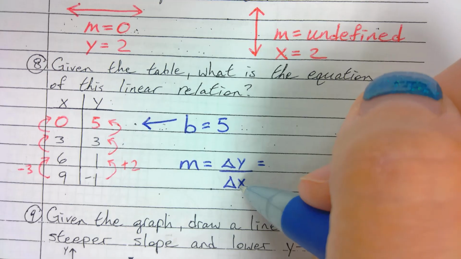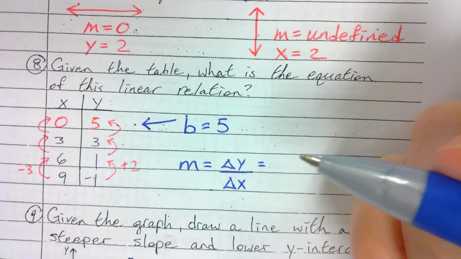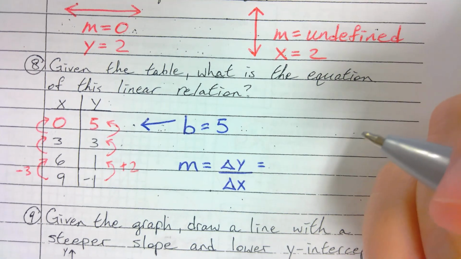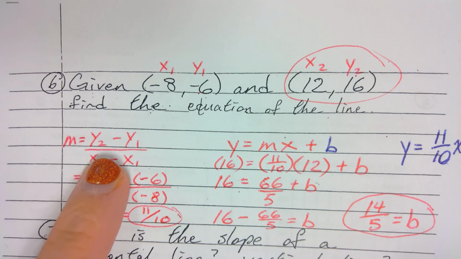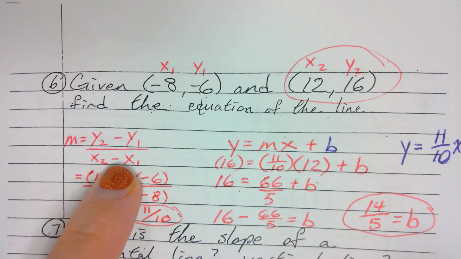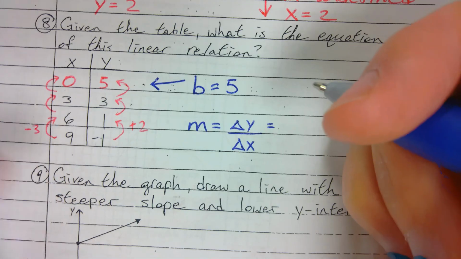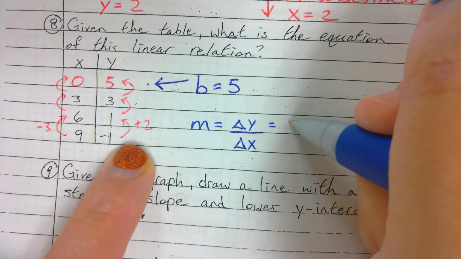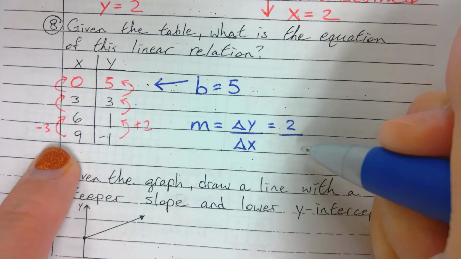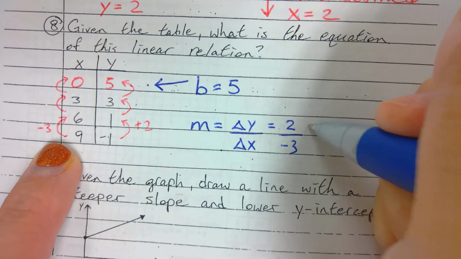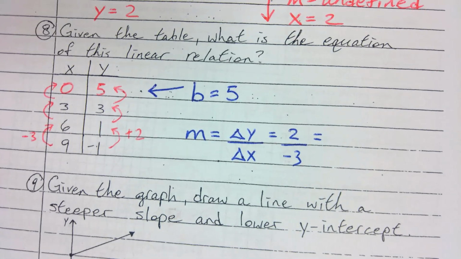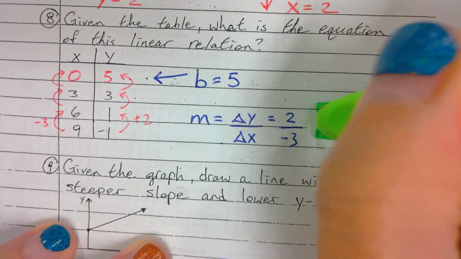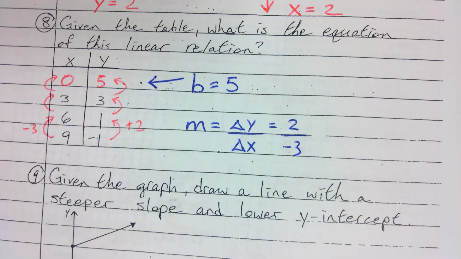Delta y divided by delta x, which in simpler words is difference in y over difference in x. Just like right here, difference in y over difference in x. Okay, so difference in y we said was 2. Difference in x we said was -3. And so there's your slope: -2 over 3.